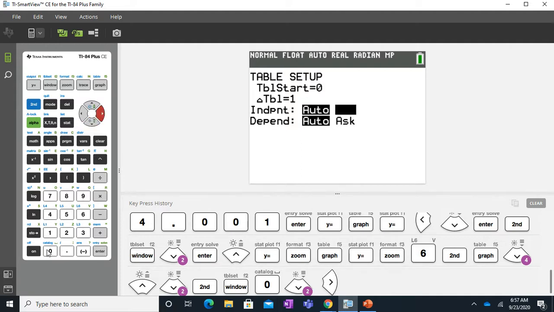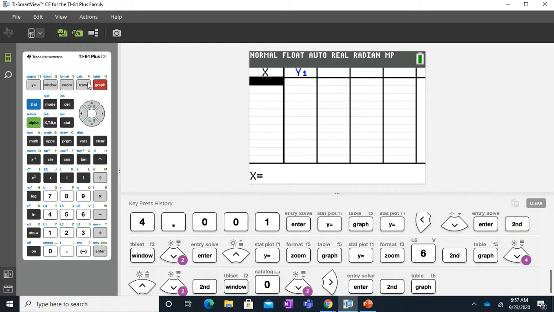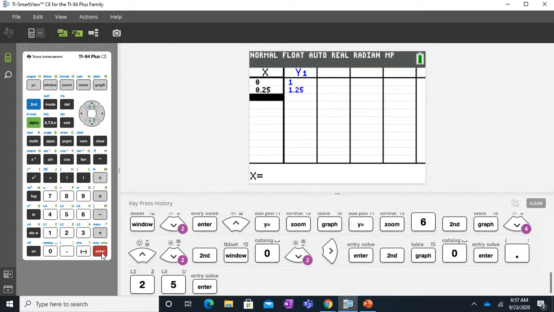You want to go ahead and change it to ask. By changing your independent variable to ask, if you now pull the table up again, notice that it's blank, which means you can type in whatever you want. So I'm trying to find what's happening as I'm getting closer and closer to 1. So maybe I want to start by plugging in 0, and I want to see what happens. Then I want to plug in 0.25, and I want to see what happens.